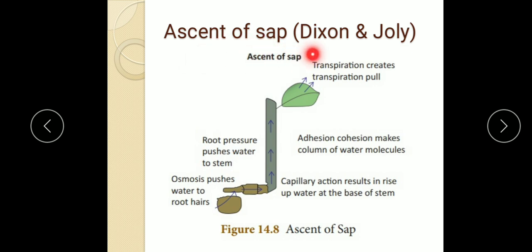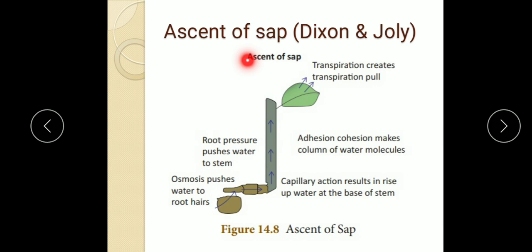And this phenomenon is explained by the scientists Henry H. Dixon and John Joly. They explained this cohesive theory of ascent of sap in tall trees, and they explained that the primary force for water being pulled up against gravity was evaporation from the leaves, that is the transpiration pull.